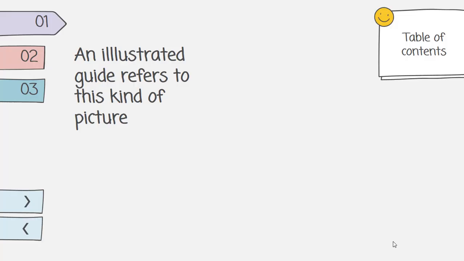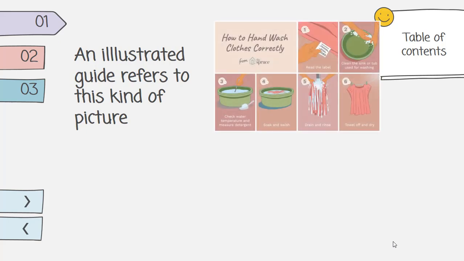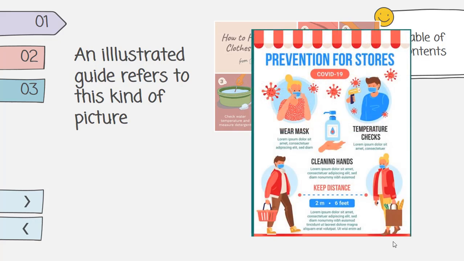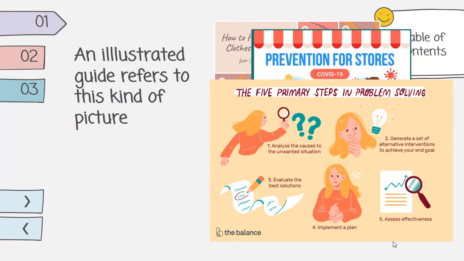Okay, an illustrated guide refers to this kind of picture. Una guía ilustrada se refiere a esta clase de picture. For example, how to hand wash your clothes correctly, how to prevent COVID, or how to solve a problem.